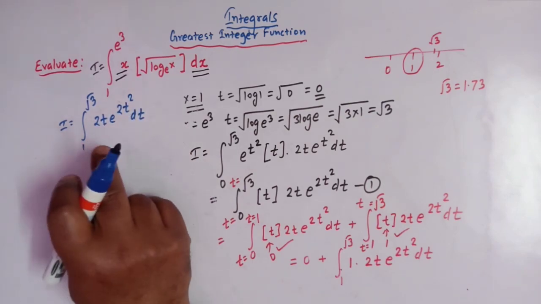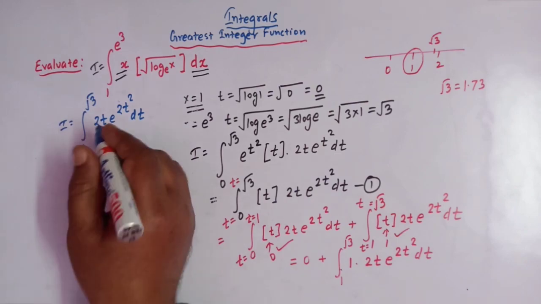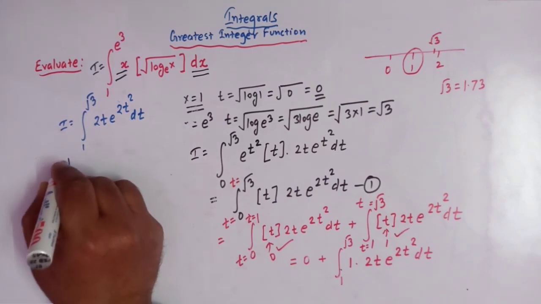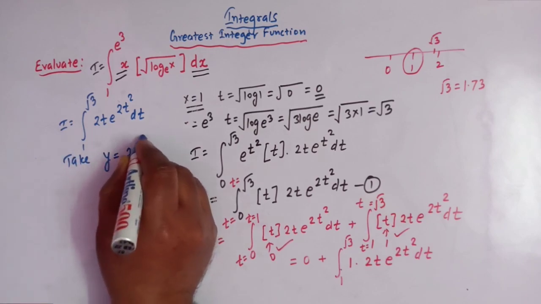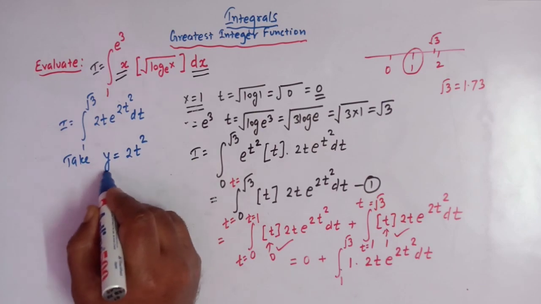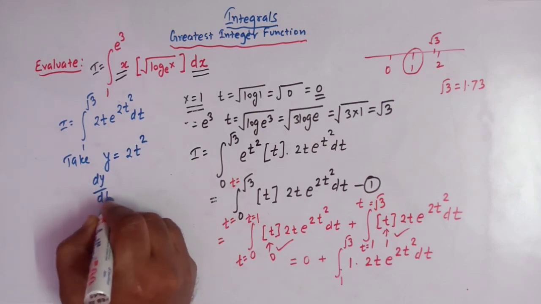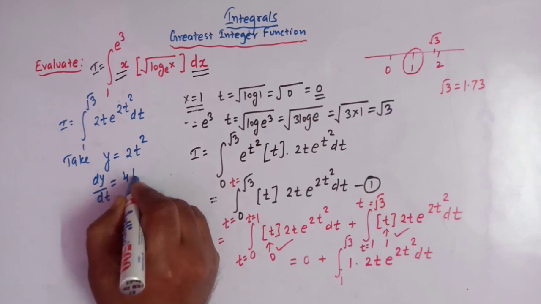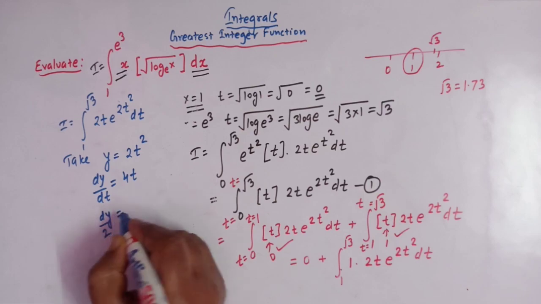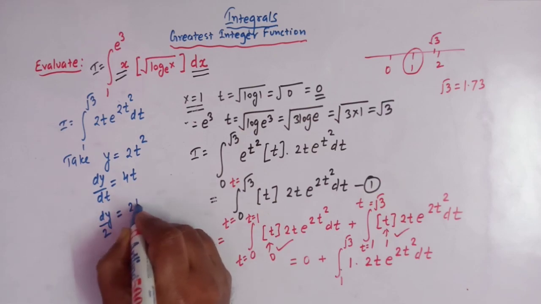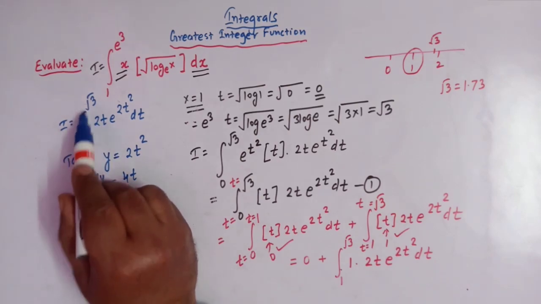And again here we'll make use of the method of substitution, right? So what we will do, we'll take y is equal to, say, 2t square. So we substitute y is equal to 2t square, so that dy over dt is equal to 4t, and we can now write dy over 2 is equal to 2t dt, right? And we can change the limits accordingly.